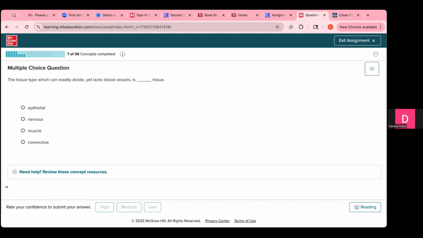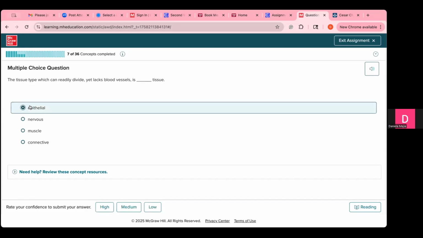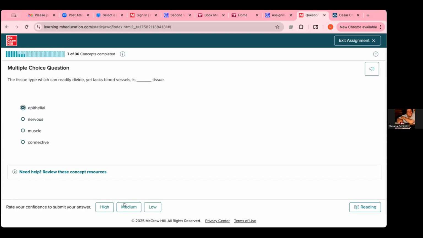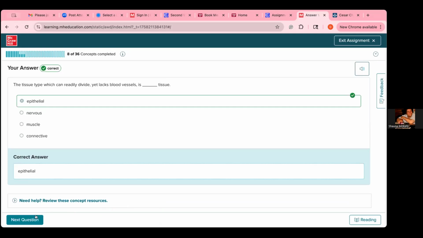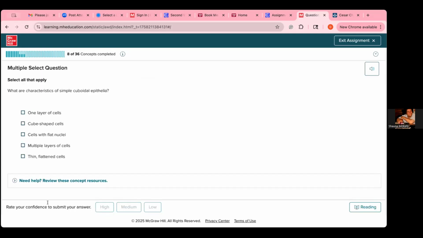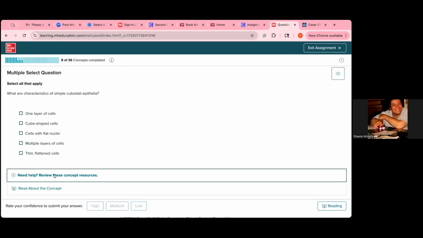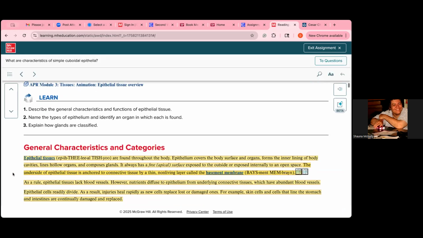That's epithelial, right? Nice. Okay, again, select all that apply. What are characteristics of simple cuboidal epithelium? Okay, we haven't read about simple cuboidal yet. So let's read about it, see what happens.